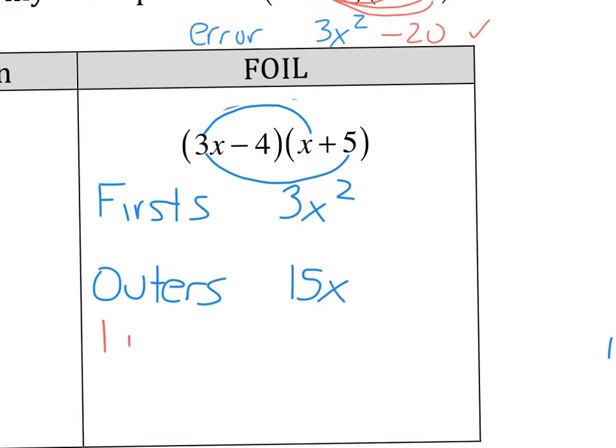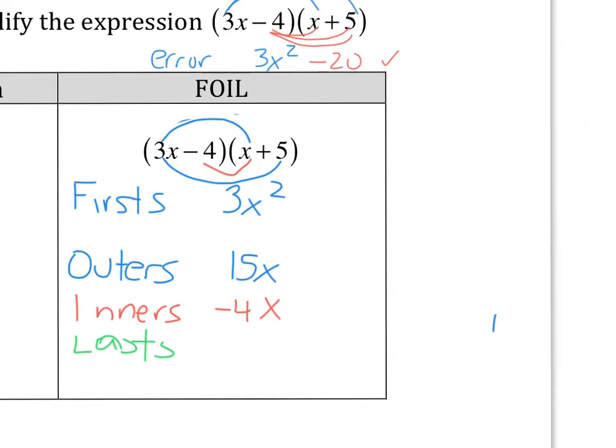And then the I means inners, which are these two right here, negative 4x. And then the L means lasts, and that would be like the negative 4 and the positive 5.